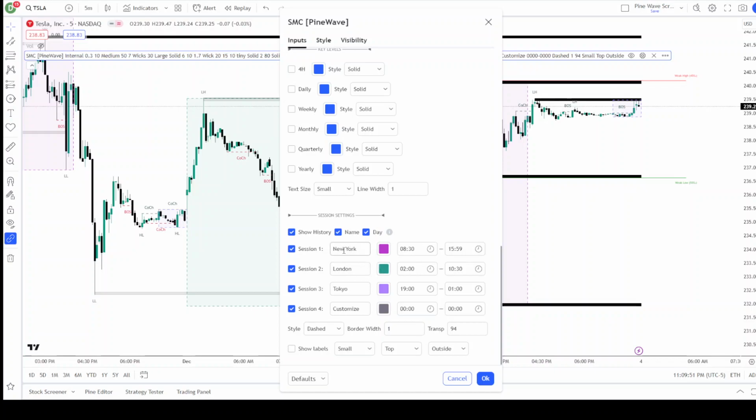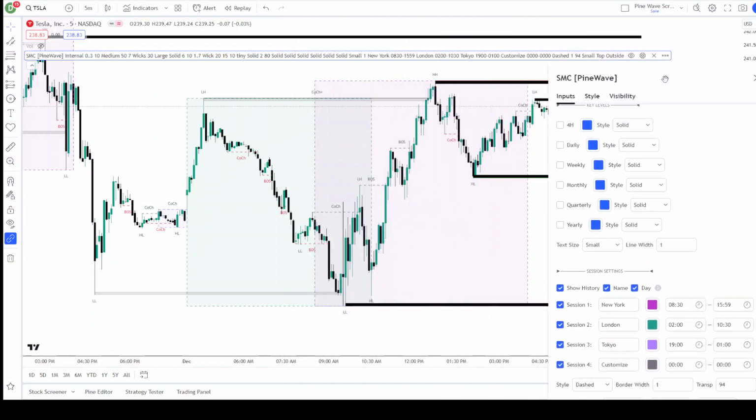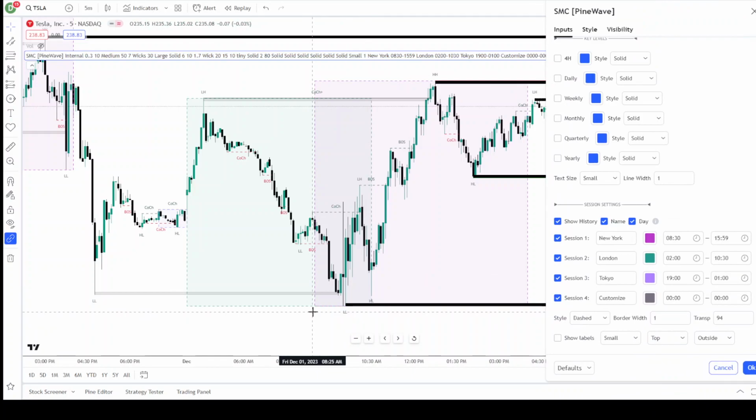Okay, so what we got here is we got a New York session. That's our pink one here. And that's 8:30 to 4 o'clock. It's our New York session. Our London session is, I wonder what time zone this is.